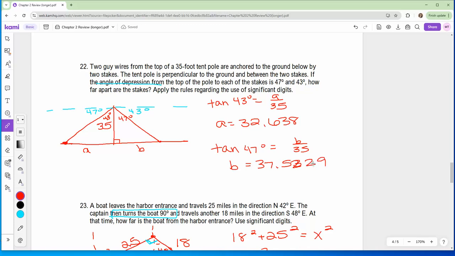And so the total distance apart, if you do A plus B, that gives us 70.1709. I said significant digits, so two significant digits would be 70 feet.